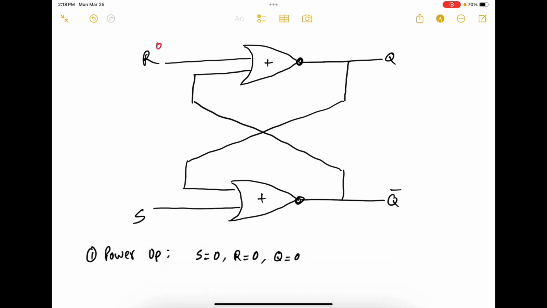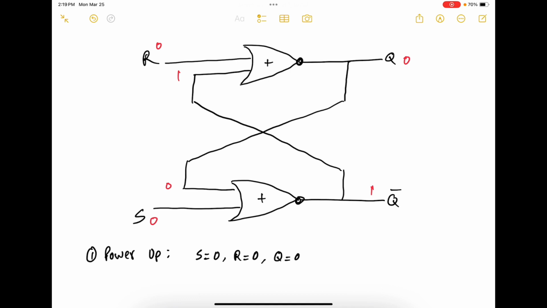Now we have R is 0, S is 0, and Q is 0. So this 0 is going to propagate here and you get 0 NOR 0, which is going to be a 1. This 1 is going to get propagated here and you have 1 NOR 0, which is 0. You can look at the truth table for the NOR gate.